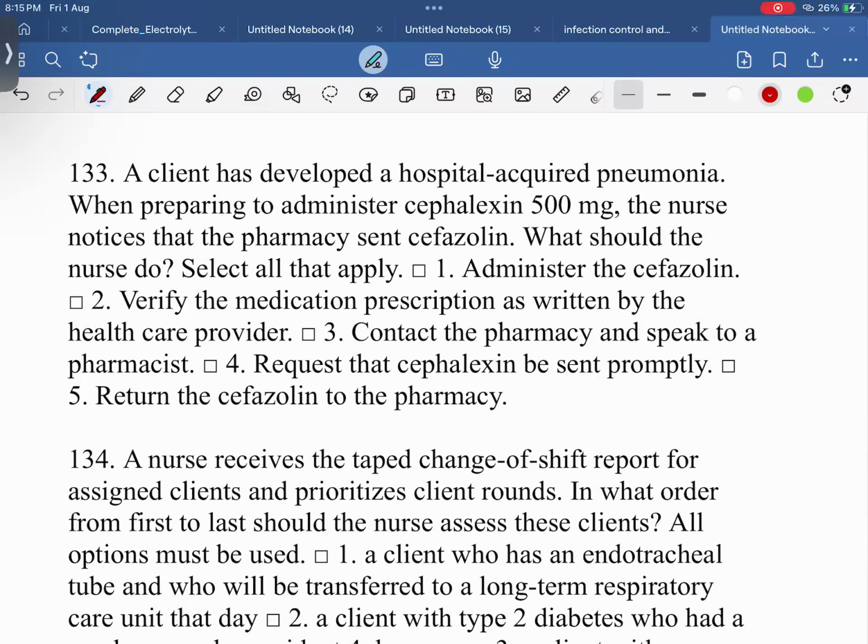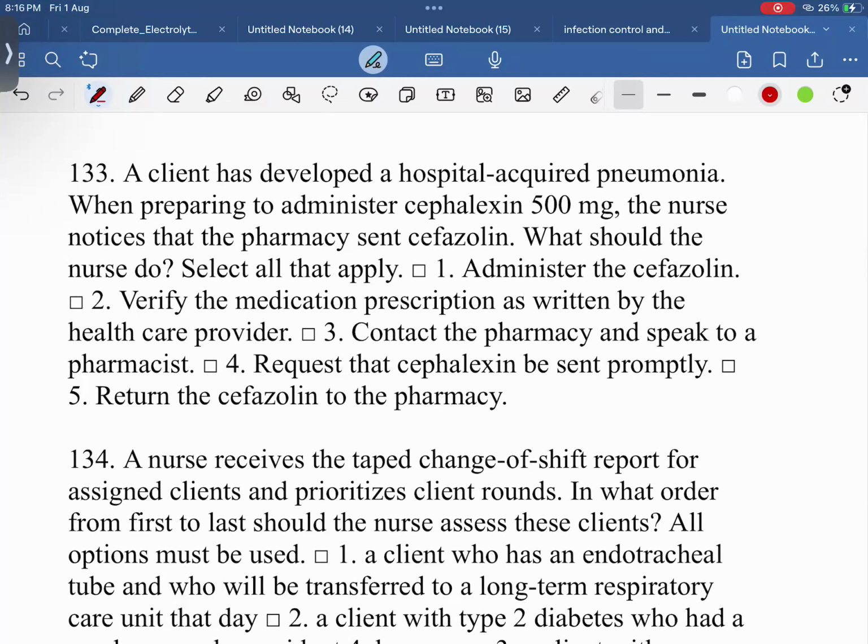A client has developed hospital-acquired pneumonia. When preparing to administer the cefalexin antibiotic, 500 mg, the nurse noticed that the pharmacy sent the ceftriaxone. What should the nurse do?